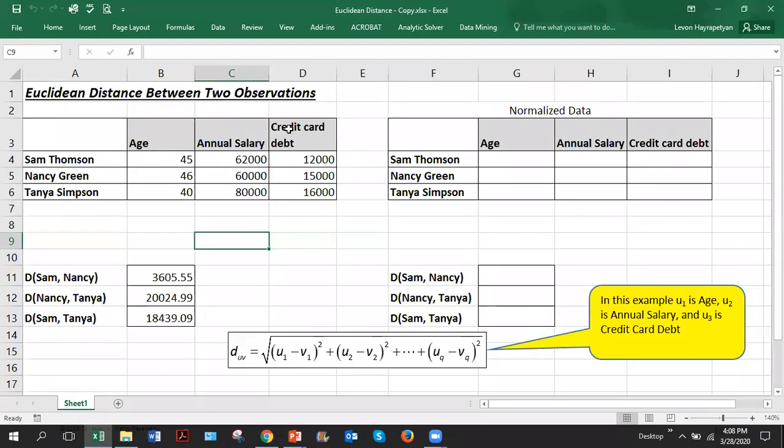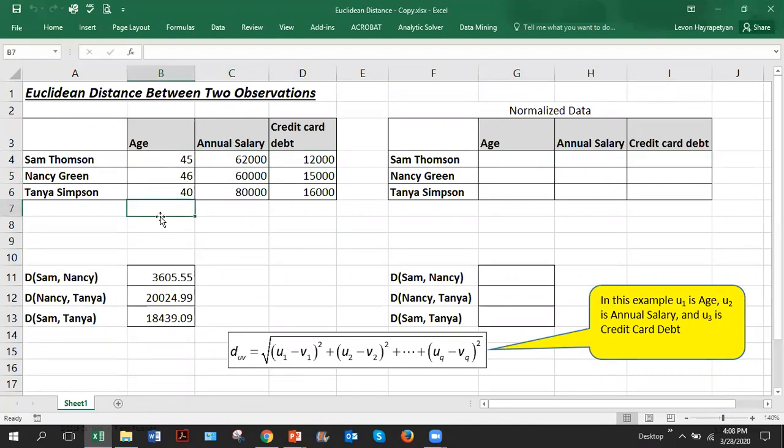So this is the spreadsheet which we used last time when we calculated Euclidean distances between observations using this formula. Now I will calculate z-scores of all these values. But in order to calculate z-scores, as you remember, we need to have the mean and standard deviation first.